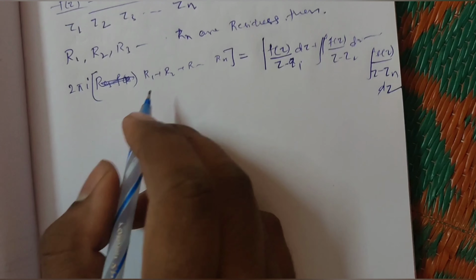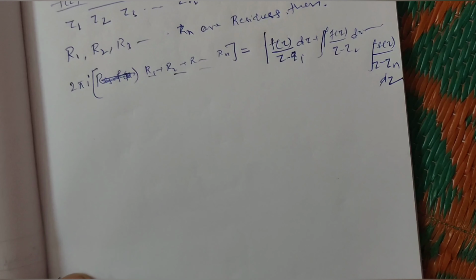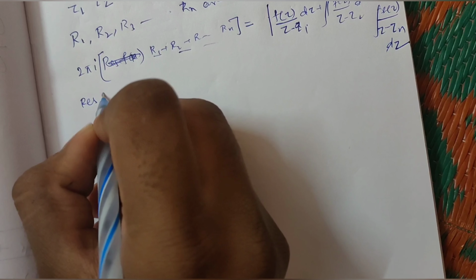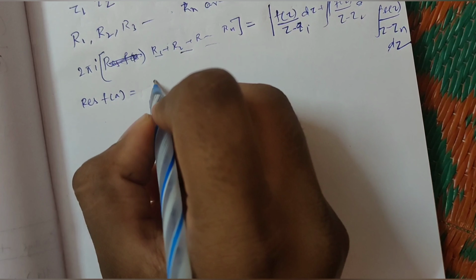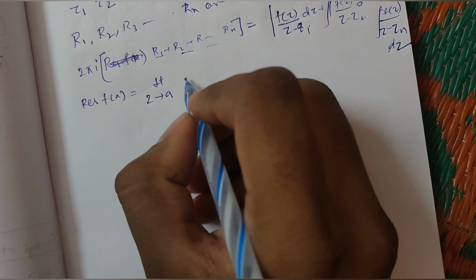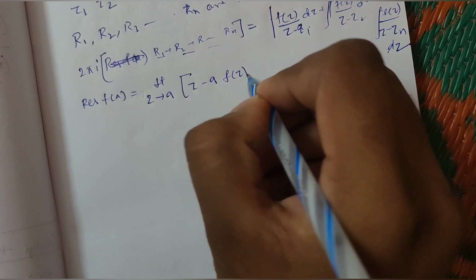How do we find these residues R1, R2, Rn? The residue of f at a equals the limit as z tends to a of z minus a into f of z.